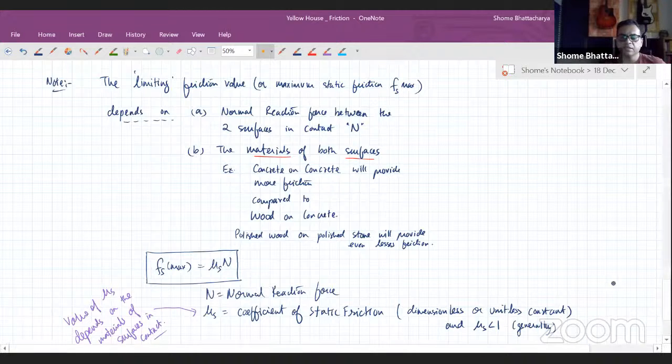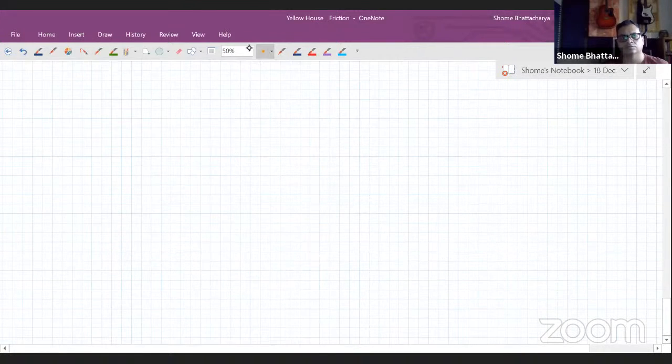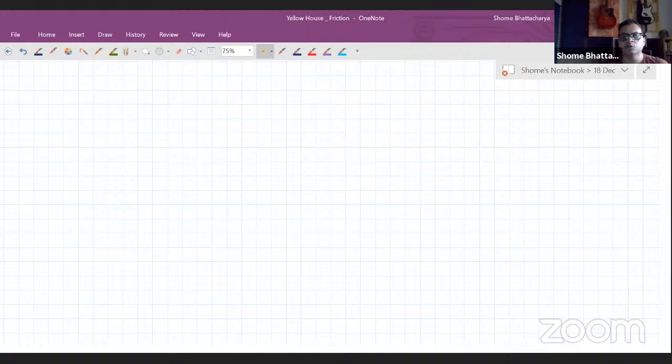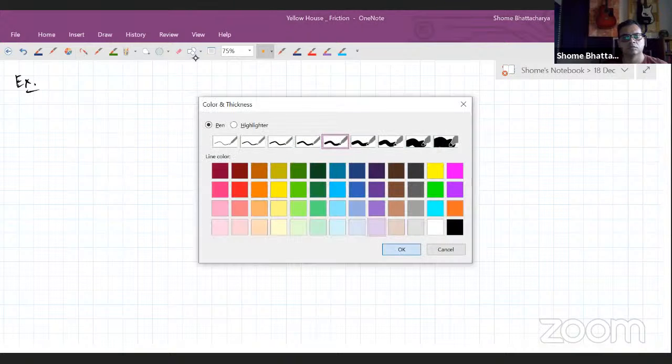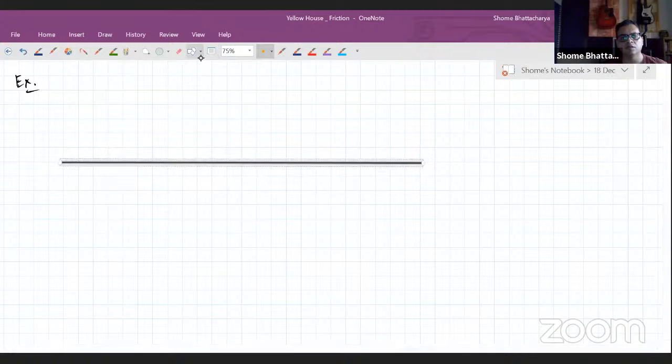Okay, so let's look at an example to understand this. As I said, we are discussing static friction first. We will come back to kinetic friction and the factors that kinetic friction depends on. So once again, that same standard situation: we have a horizontal surface on which we have kept this block.